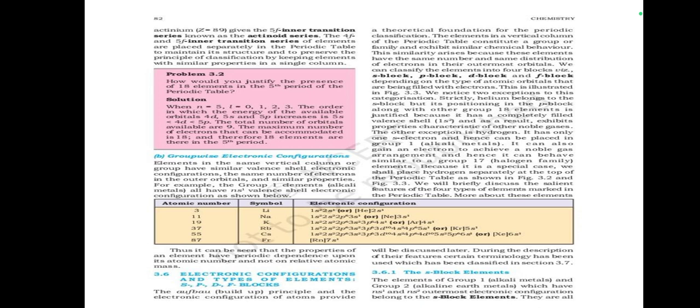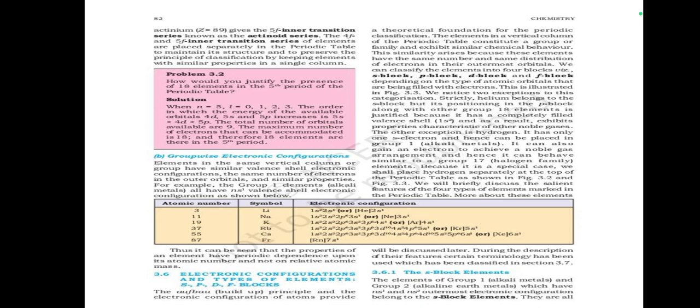This similarity arises because these elements have the same number and same distribution of electrons in their outermost orbitals. We can classify the elements into 4 blocks: s block, p block, d block, and f block, depending on the type of atomic orbitals that are being filled with electrons. This is illustrated in figure 3.3.